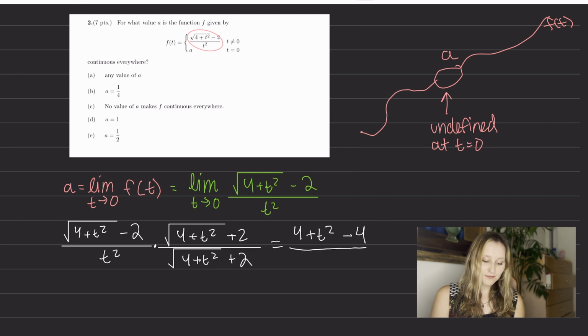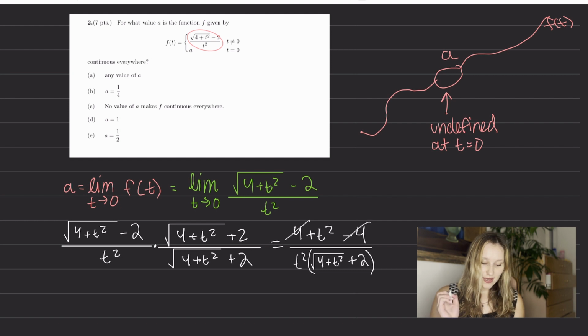Wow, that's pretty beautiful. Then we have t squared times, what was that? 4 plus t squared plus 2.